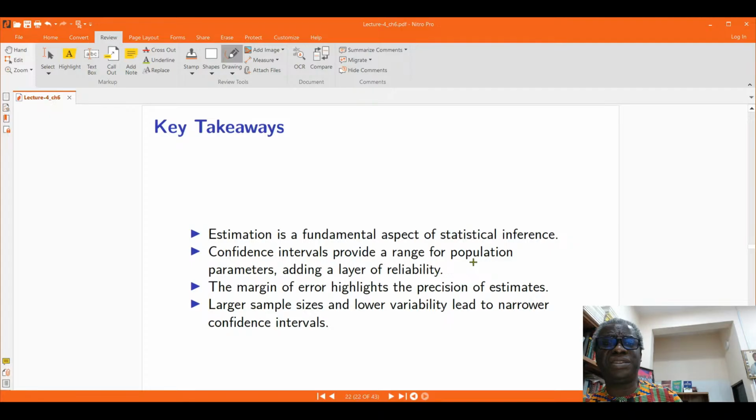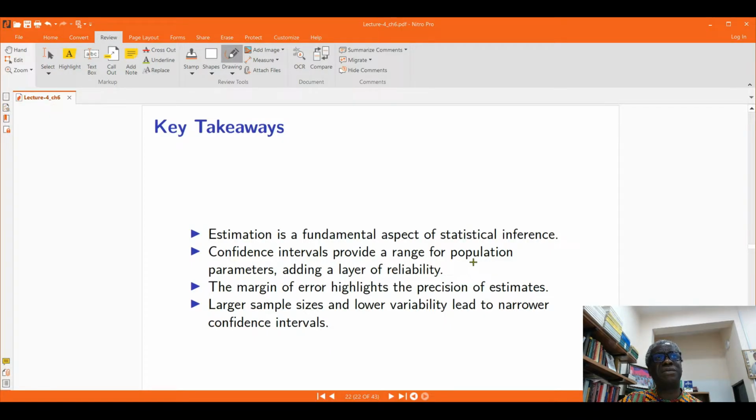the key takeaways for this discussion are summarized as follows. We've talked about estimation, and we can see that estimation helps us to infer population parameters from a sample.